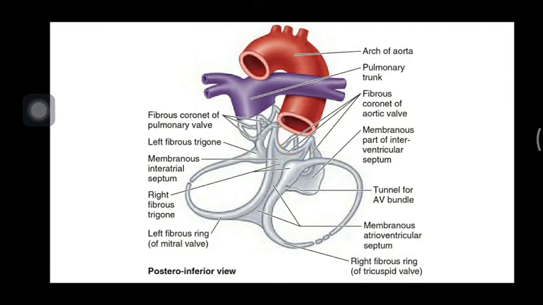Now the ascending limbs of the adjacent scallops, for example one over here, one over here, meet at the summit, which corresponds with the intercuspid commissures that can be seen in the semilunar valves, the aortic valves.